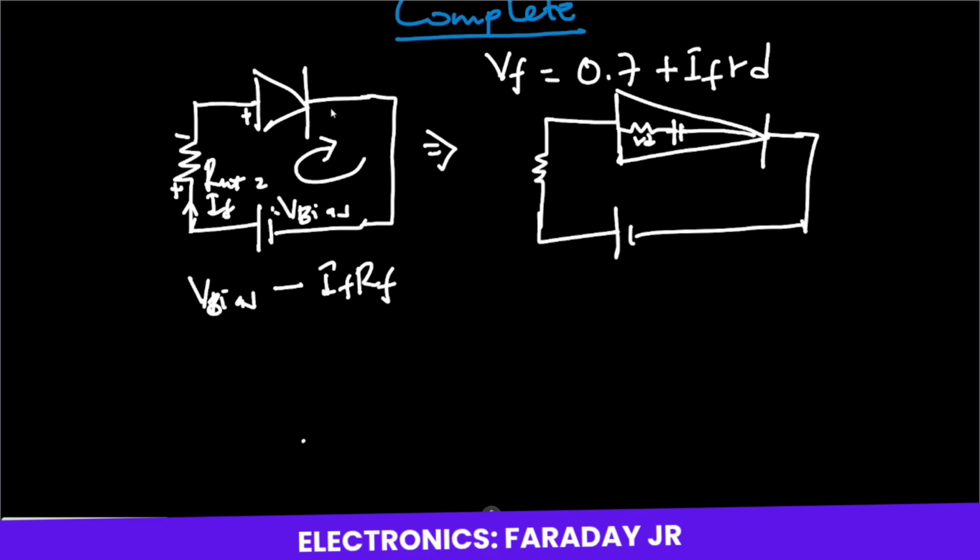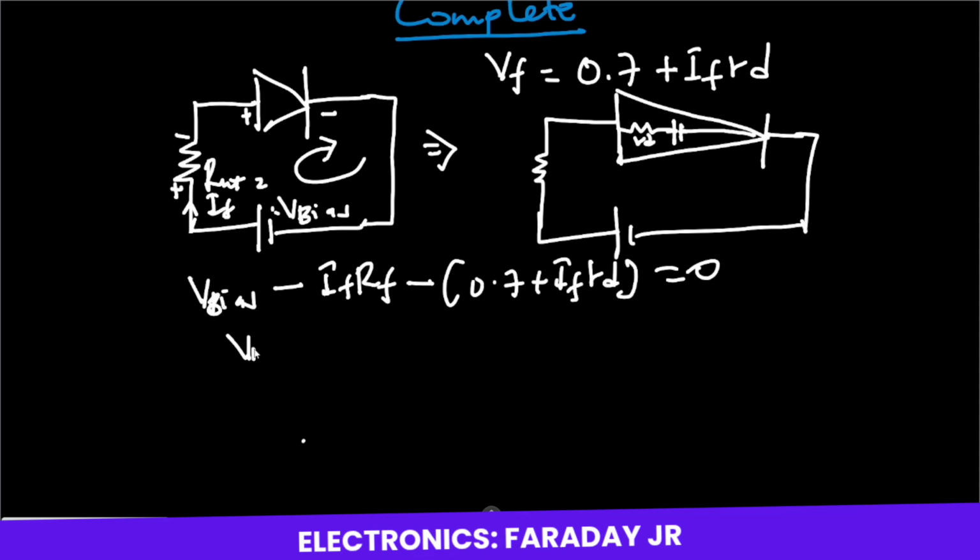And then minus VF, but VF is equal to 0.7 plus IF RD. All of these should be equal to 0 because there is no other voltage in the system.